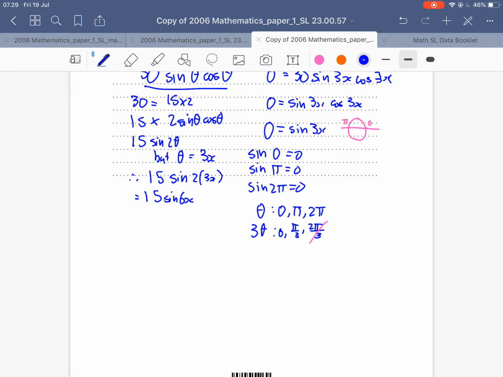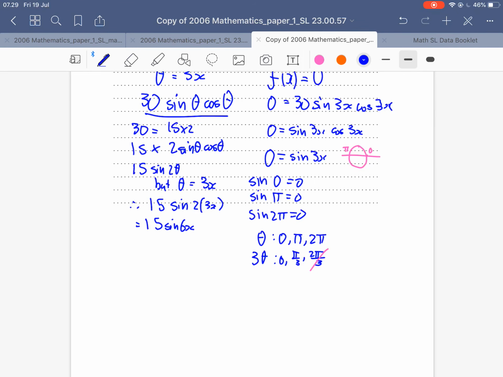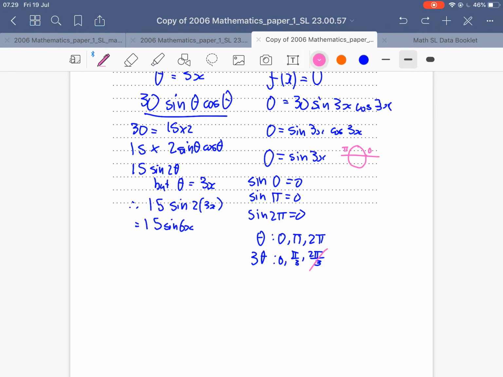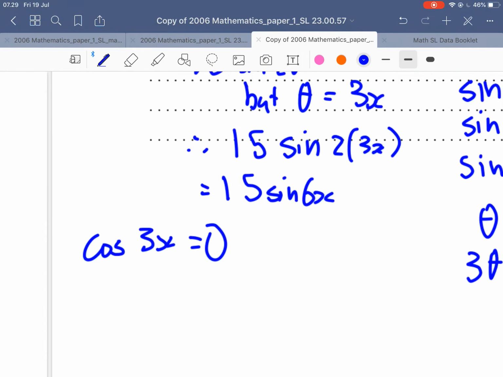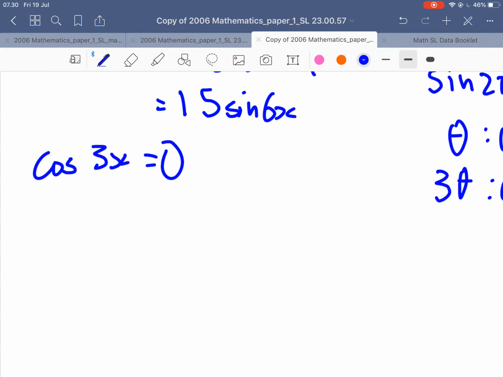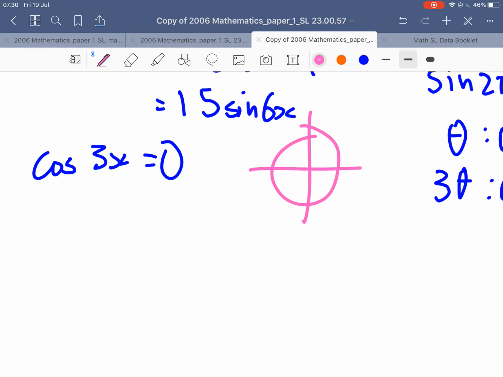So we also need to figure out how the cos x applies. So over here, cos 3x equals 0. When is cos x equal to 0? Well, if we have a unit circle, cos x equals 0 when the x coordinate is 0, there and there. That is pi on 2, and that is 3 pi on 2.